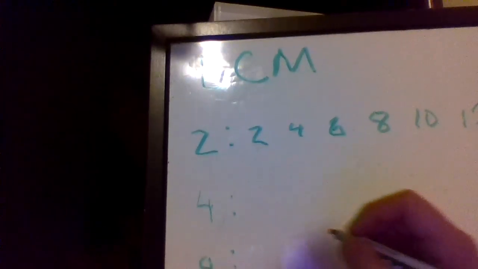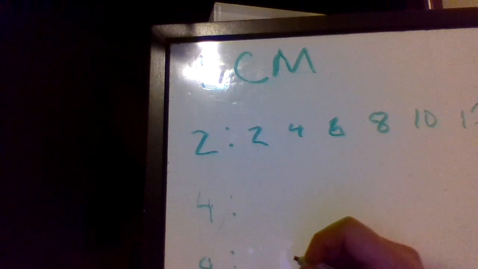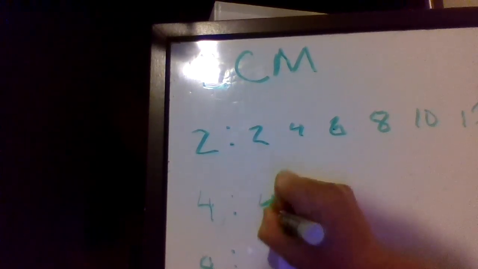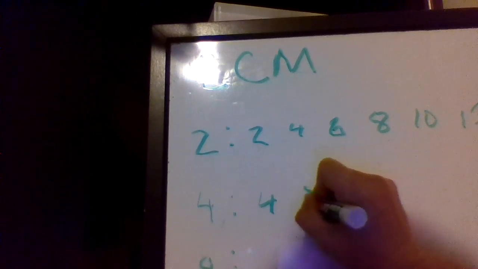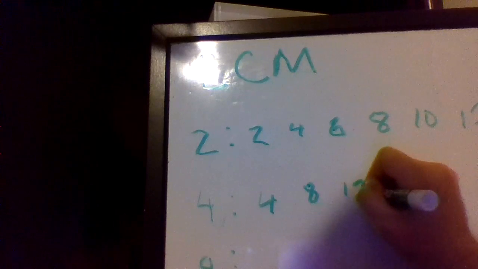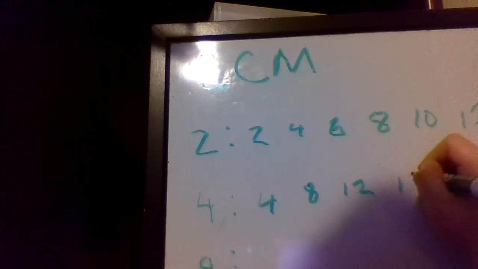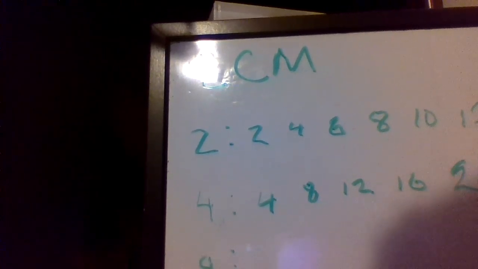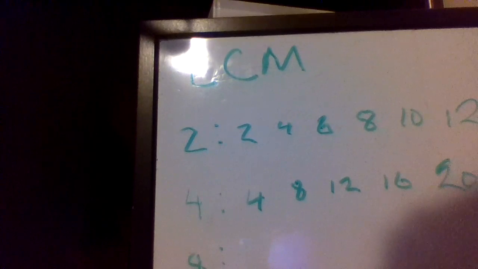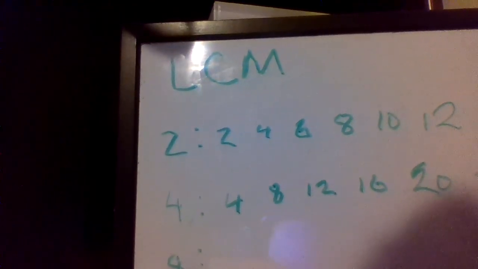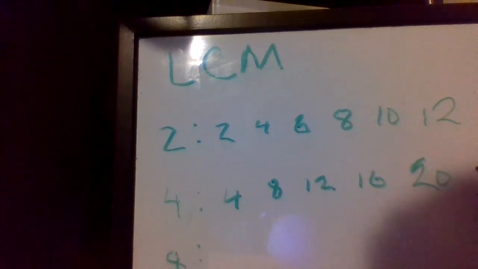So 4. The common multiples, 4 times 1 is 4. 4 times 2 is 8. 4 times 3 is 12. 4 times 4 is 16. 4 times 5 is 20. 4 times 6 is 24.